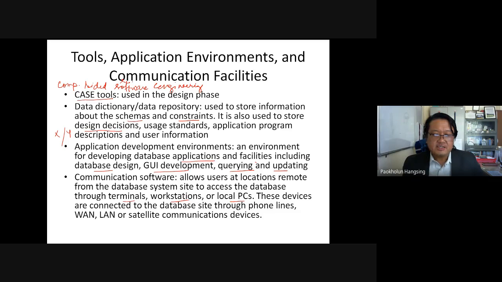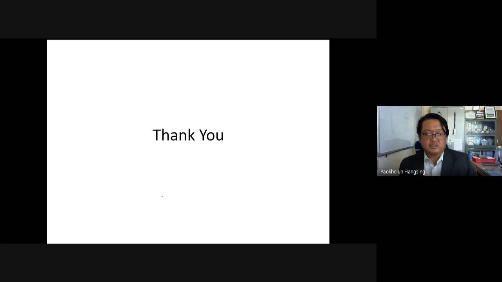So these devices which access the database from remote areas, in the sense that from far off places, are connected to the database through phone lines, through a wide area network, or through a local area network, or through satellite communication devices, and so on. So you have this communication software which helps you to establish a connection through remote access.